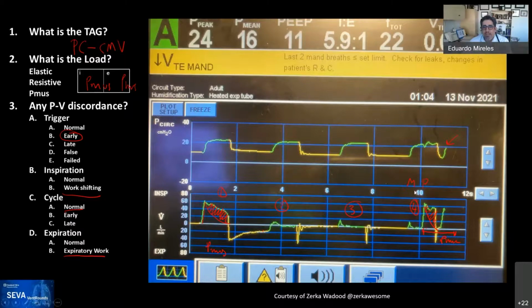The only thing that I can say is that one of the things that you will learn from the mechanical ventilators is that what they measure varies from ventilator to ventilator. They're not consistent on what they're saying. So it could be that the breath that they're grading, this I/E ratio, is this last breath in which you have the early trigger.